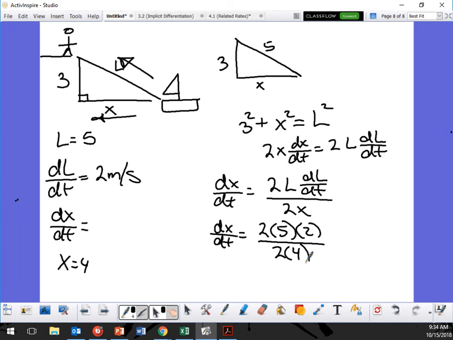All right, so do some canceling. So we're going to get dx/dt is equal to 5 halves. So it's 5 halves of what? Meters per second.